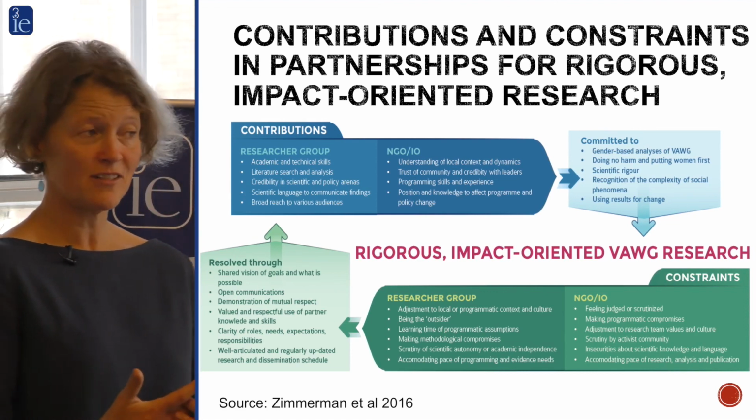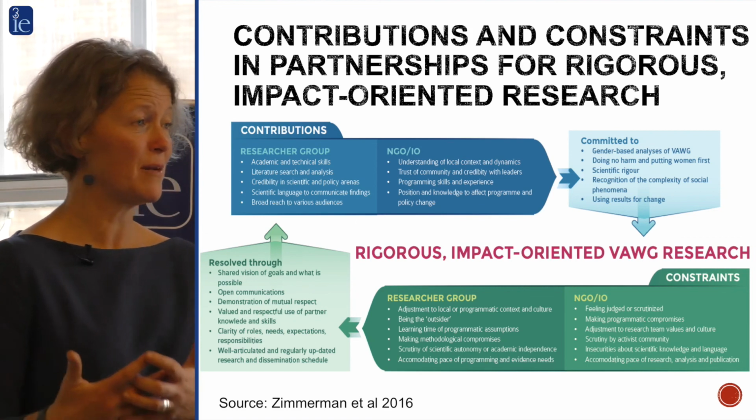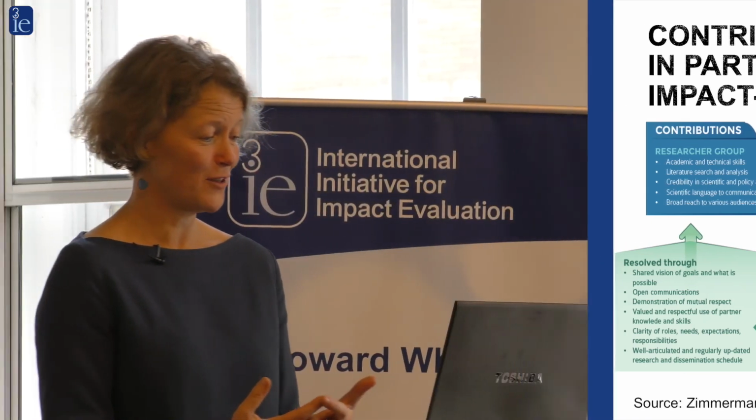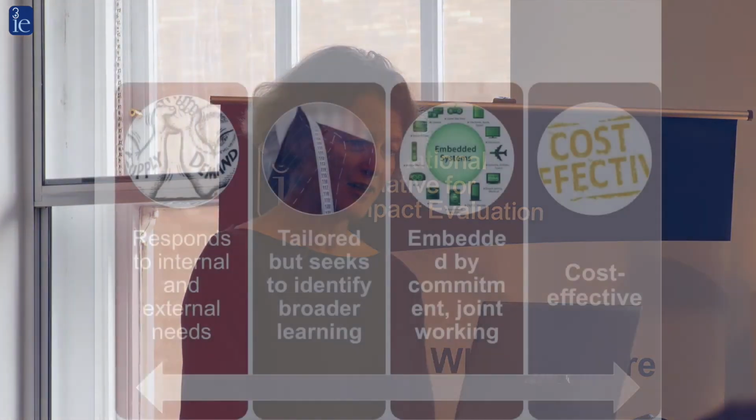There can be big tensions in, for example, what the salary levels are of an implementing NGO versus an academic coming from the north. But being honest about that, being valued and respectful of each other, being prepared to compromise on both sides, on the basis of discussion and regular communication, and that can be really facilitated by embedding researchers within programs as you do the evaluation.